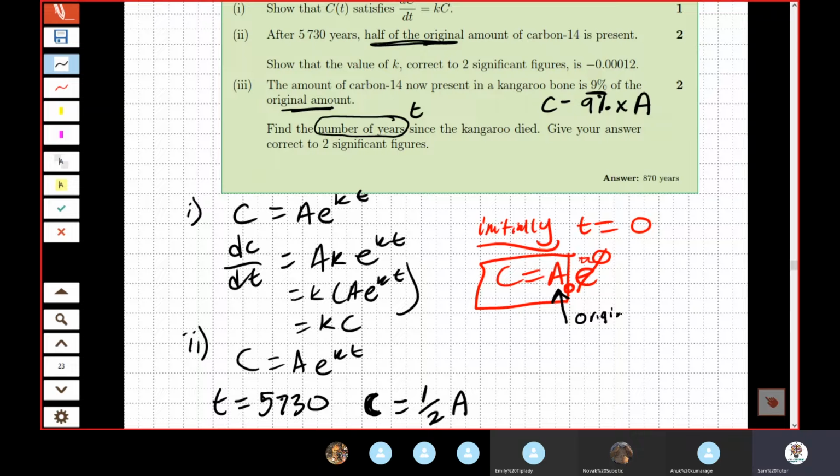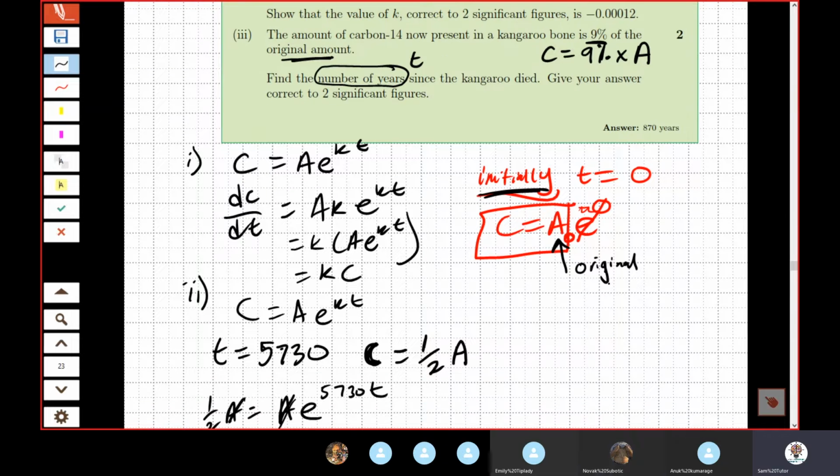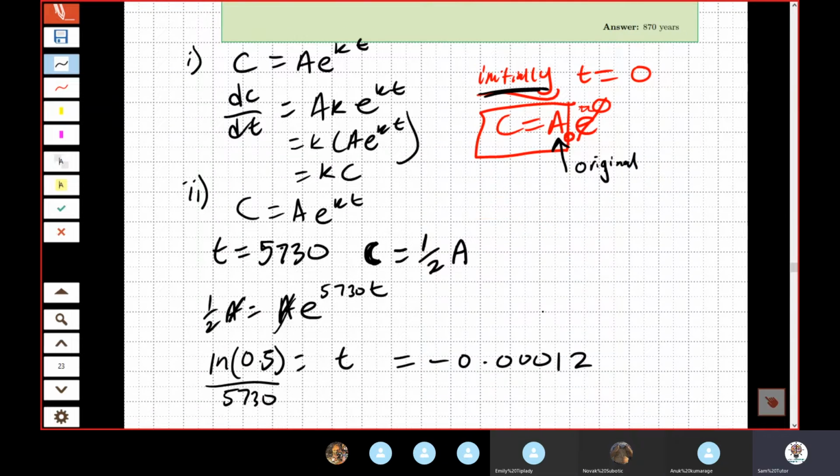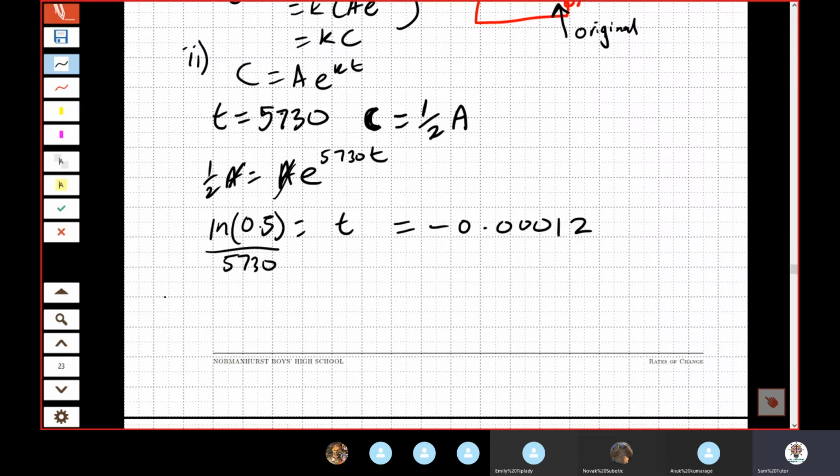Initially, because time T is 0, this would be the original. So when you're saying it's 9% of the original amount, that means C is now 9% of A. Do you get that? Because A is your original amount. That's what you're finding every time. You'll see it once you do numbers.